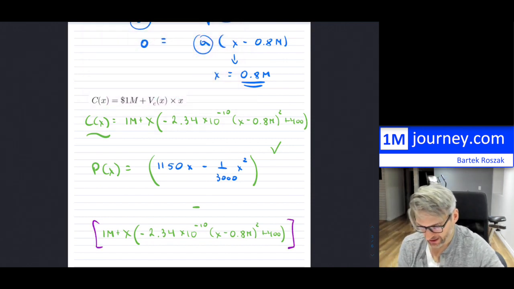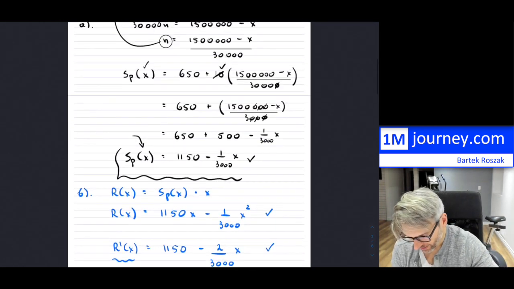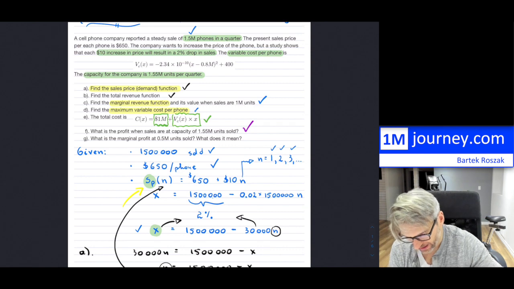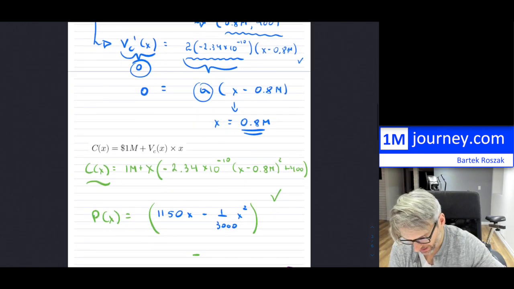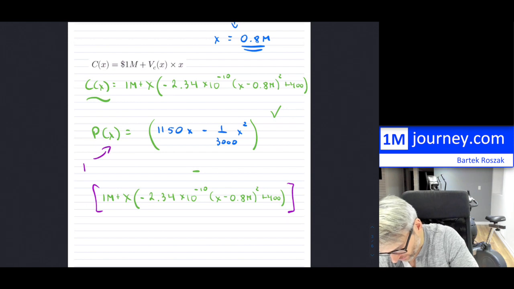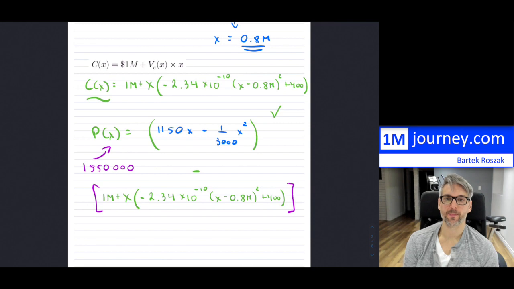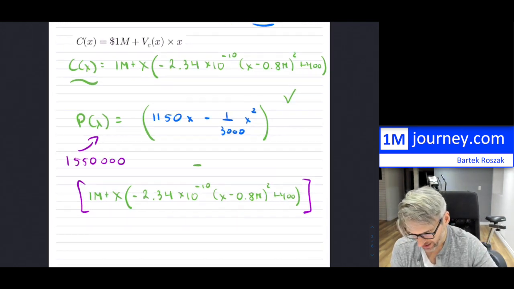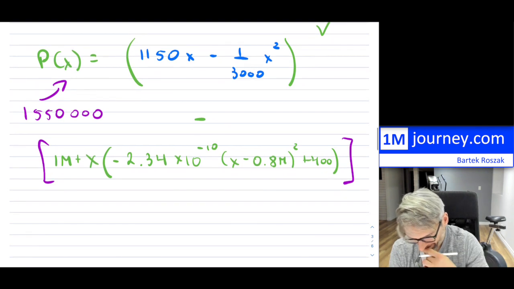And now they're asking me, at 1.55 million, what would the profit be? So I have to substitute into here 1.55 million to find that out. Let me do that in fast forward fashion. All I'm going to do is just substitute this whole thing in.